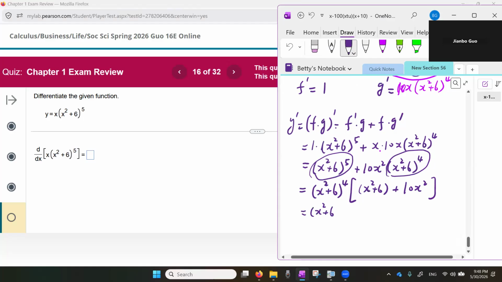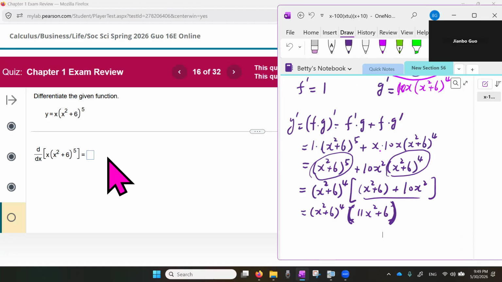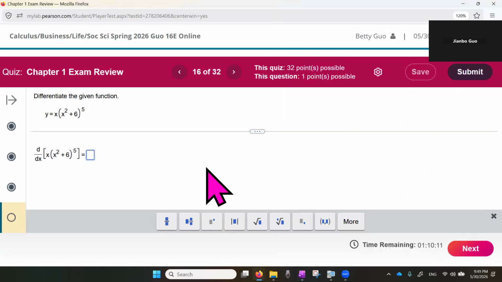I'm going to simplify the expression in the bracket, combine like terms, x squared and 10x squared gives 11x squared plus 6. Okay, so that's our answer: (x squared plus 6) to the power 4.